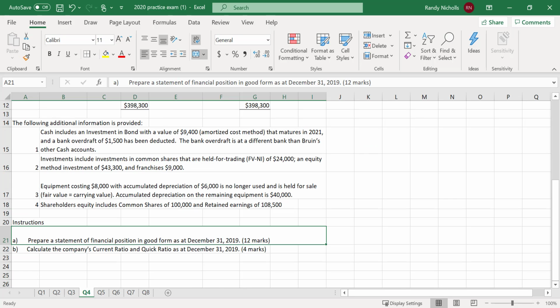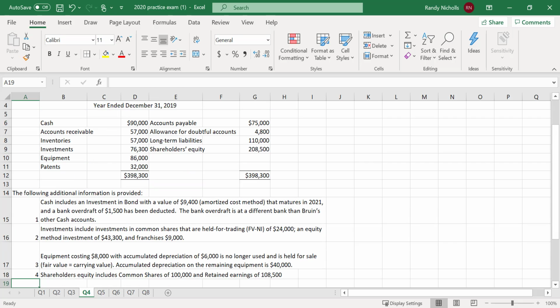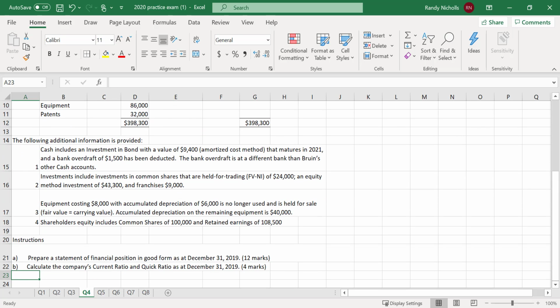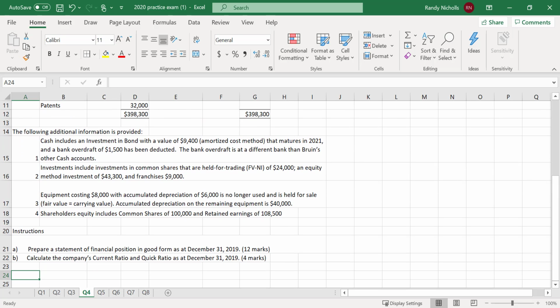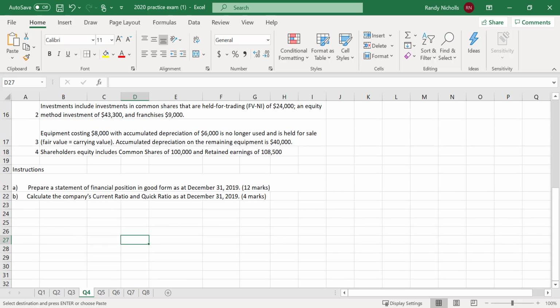Question 4. Balance sheet, some more information, prepare a statement of financial position in good form. Okay, and calculate a couple of ratios. So we've got a balance sheet that's put together incorrectly, and we need to fix it. So again, you're going to need to draft a statement of financial position.